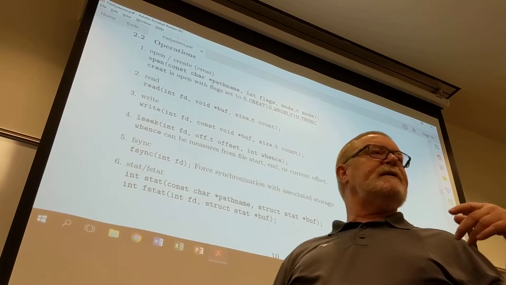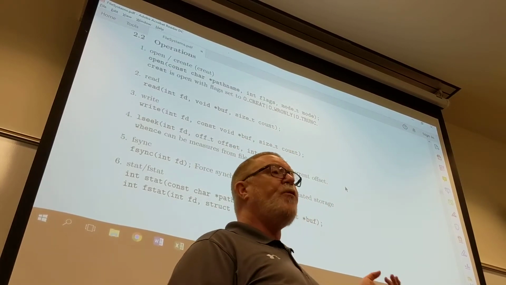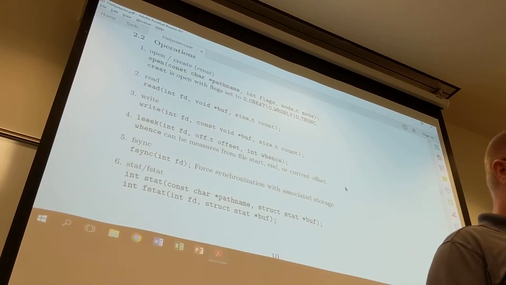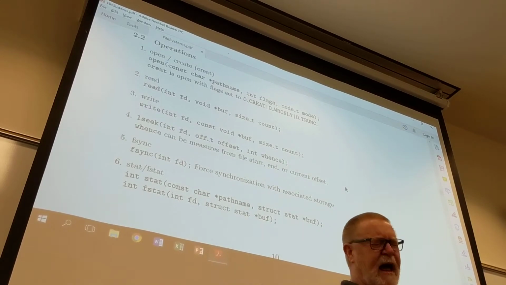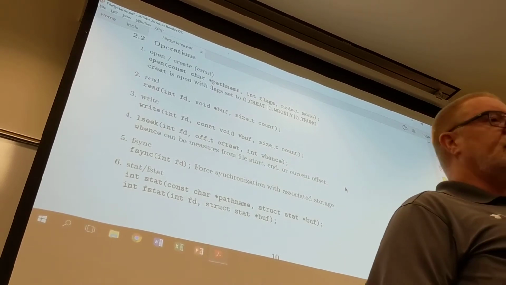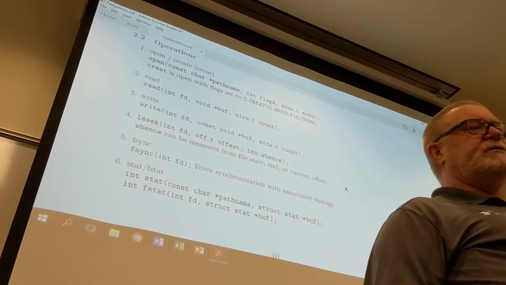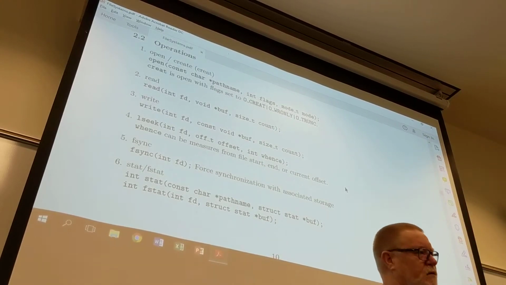But fopen, fread, fwrite don't map directly to read and write, open and close. Those are formatted C library functions that will eventually call the correct underlying system calls to get your opens, closes, reads and writes to work.